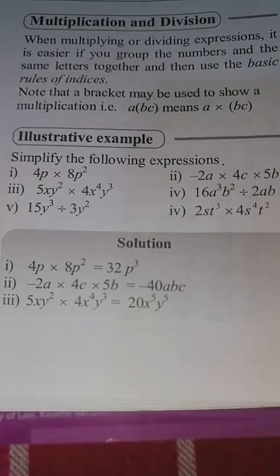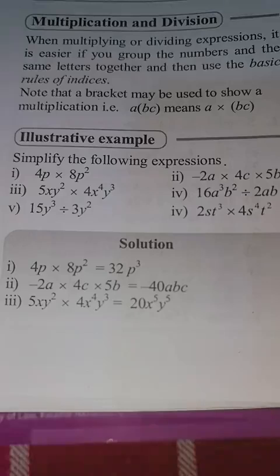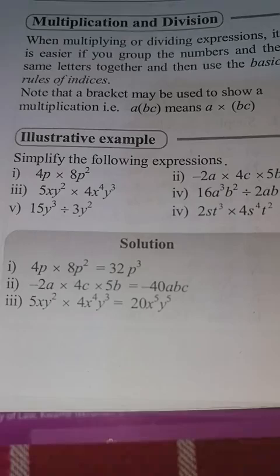Now, with the multiplication and division, let me state these principles before we move on. When we see like terms, we first of all multiply the constants. After multiplying the constants, then we look at the variables, the like term variables, then we add their powers. That is for multiplication. Write this down.